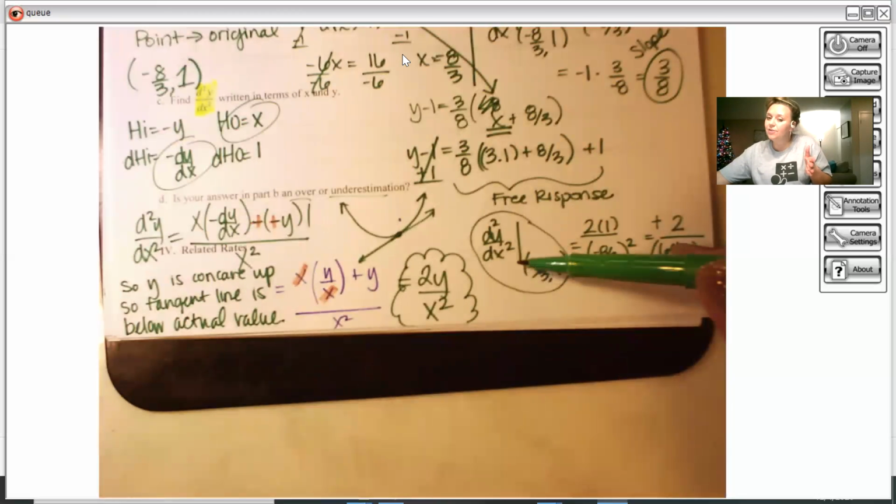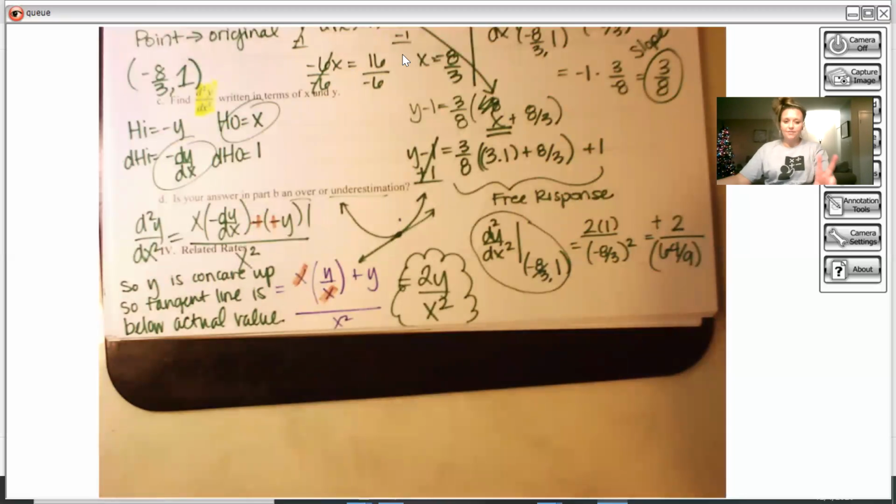Because the second derivative came out positive, and that's the feature of the graph that the second derivative is in control of. First derivative controls slope, second derivative controls concavity. If my graph had come out to be concave down, if you can picture what that graph would look like, your tangent line is going to cut above it. So that should make sense how you're picking which one is which.